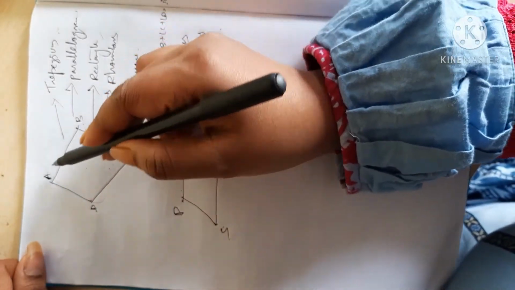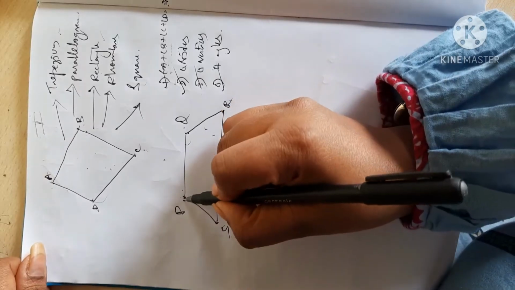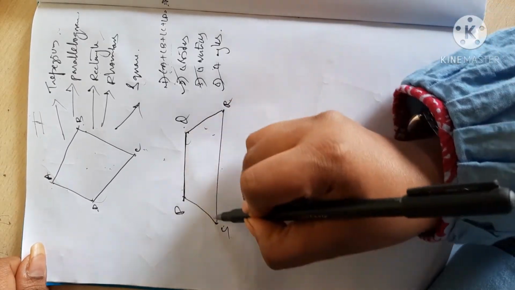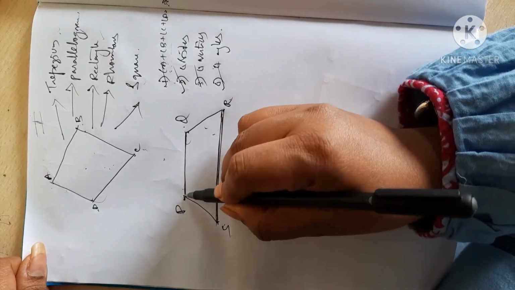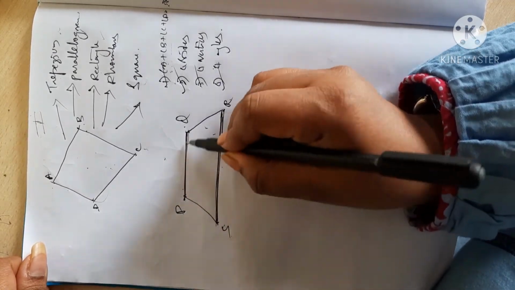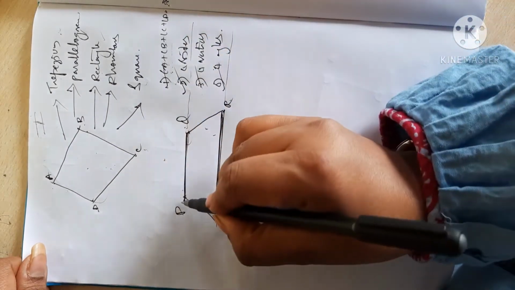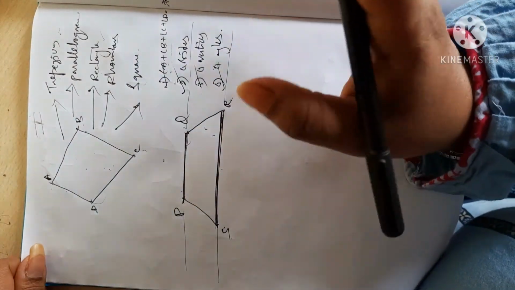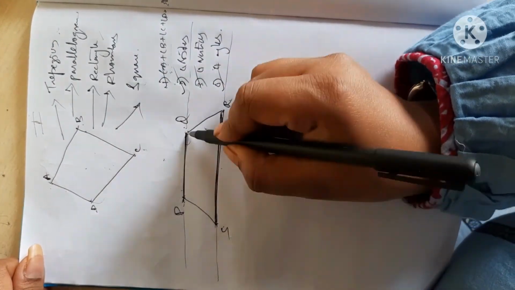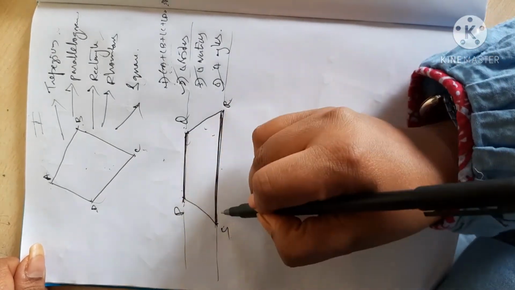Parallel in the sense they don't intersect. Even if you extend the left side and right side, they won't intersect anywhere. So the lines which do not intersect are called parallel lines. PQ is parallel to SR.